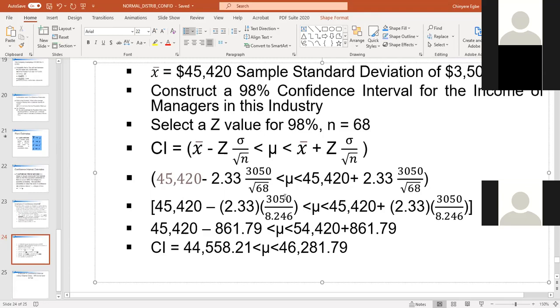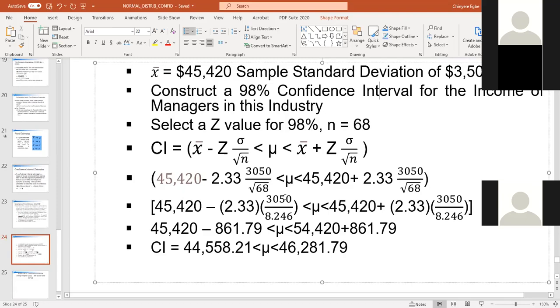But what if we do not have this information already summarized for us? That means we have to calculate a sample mean and a sample standard deviation by ourselves. We can easily read off a z-value from the table once we select our confidence level.